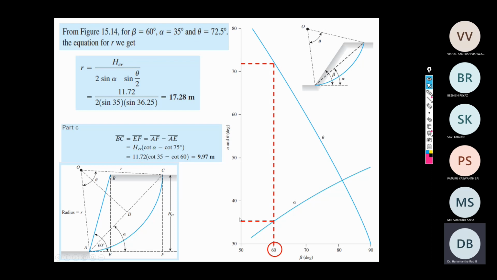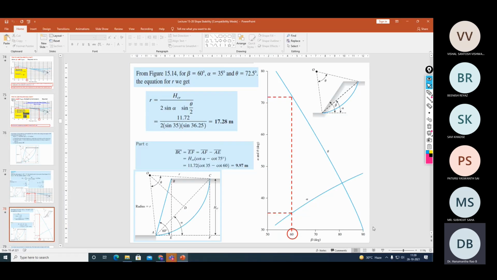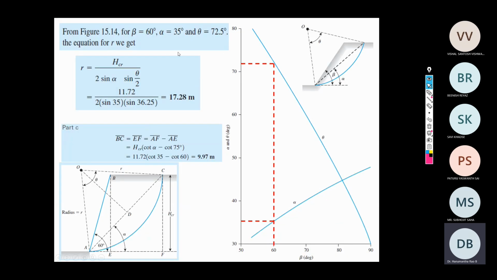That means alpha is 35. Now extending the same vertical line onto the theta curve, I get approximately theta of 72.5. So alpha is equal to 35 and theta is 72.5.